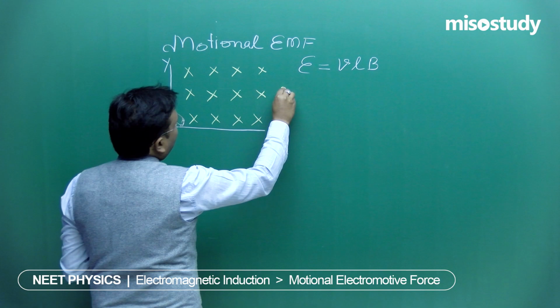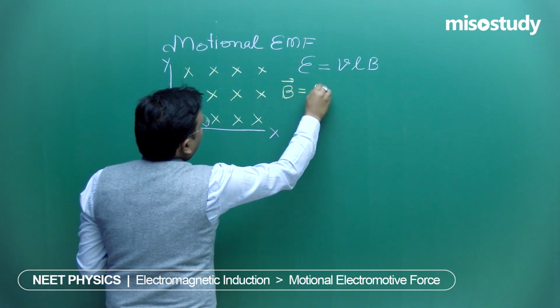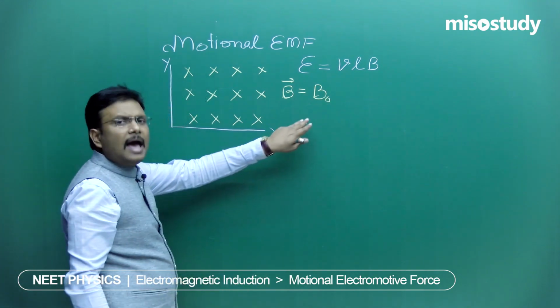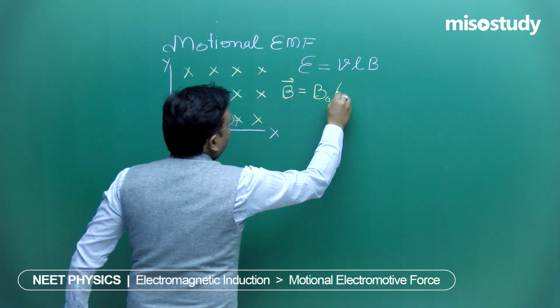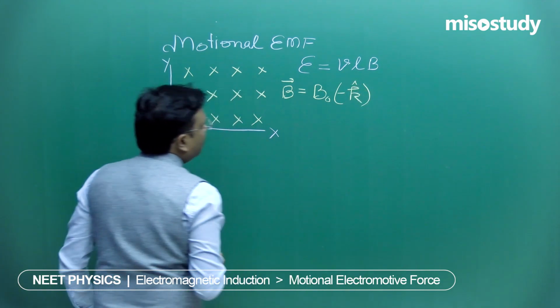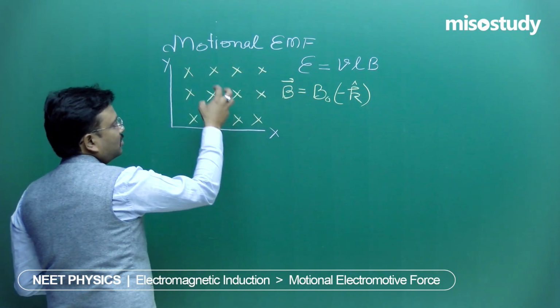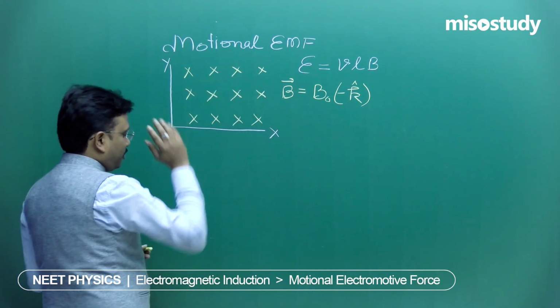So B is nothing but B naught, let us say any value, and minus k cap, that is unit vector k. So now the direction, the magnitude, and the graphical representation are both present.